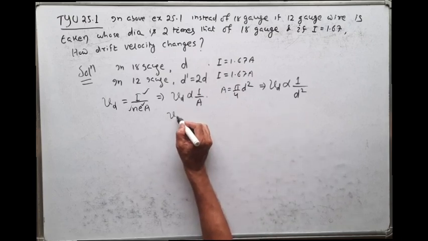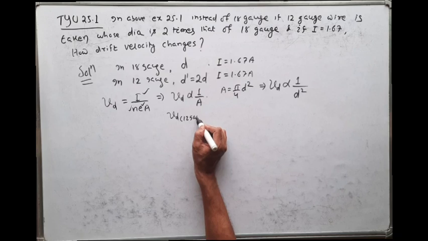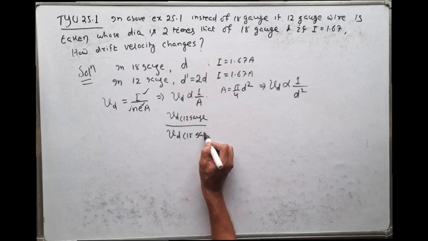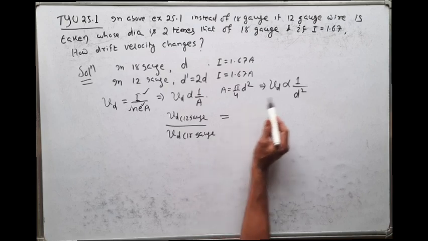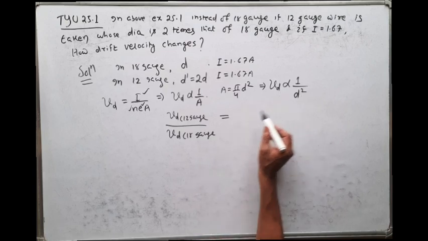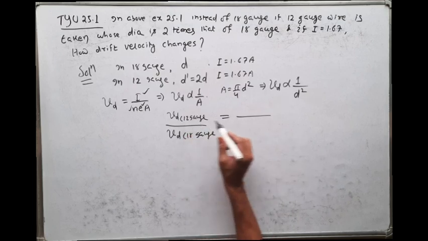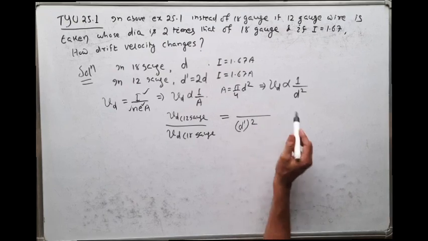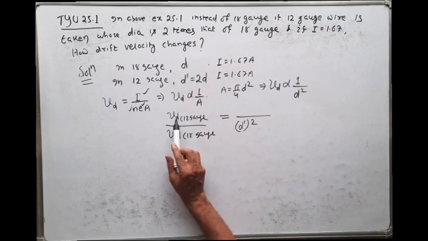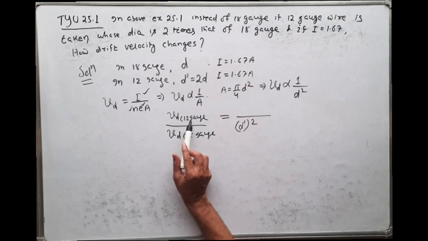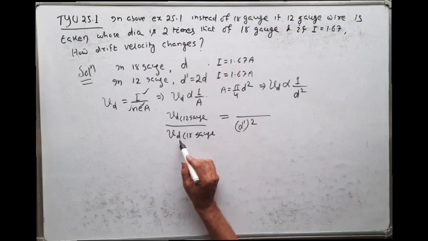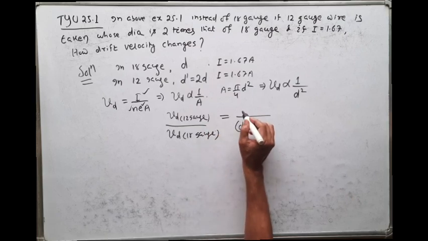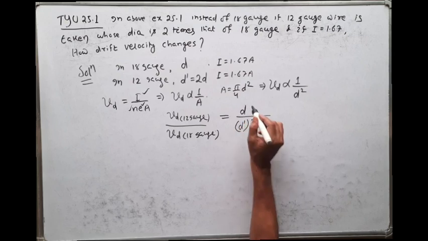So the drift velocity in 12 gauge with respect to the drift velocity in 18 gauge is equal to, since it is inversely proportional to diameter square, the diameter of 12 gauge, d dash square, comes in the denominator, and the diameter of 18 gauge, d square, in the numerator.